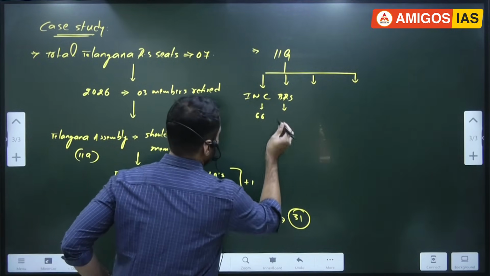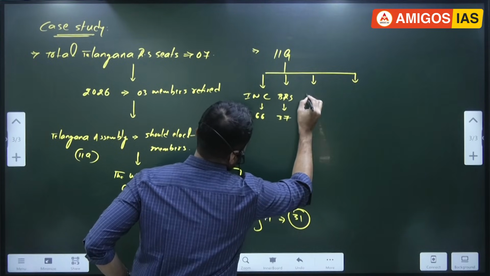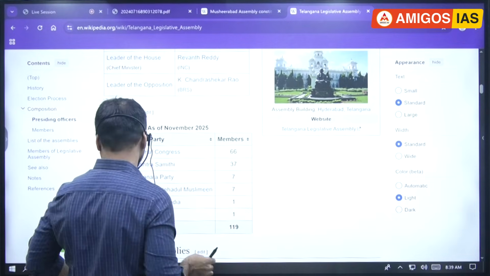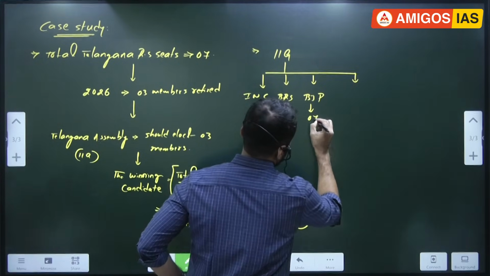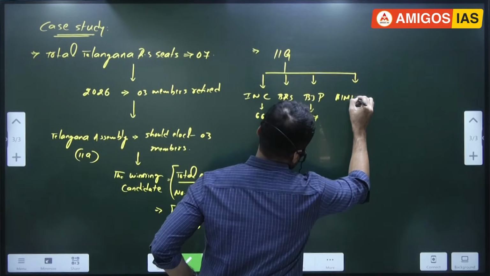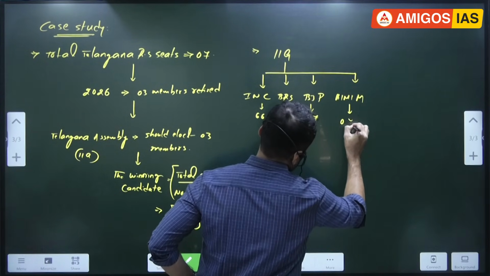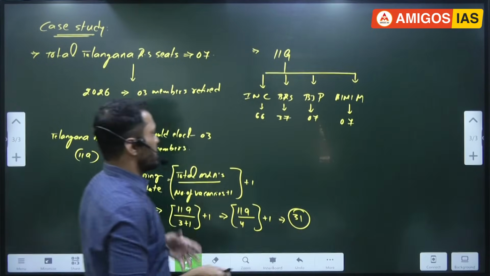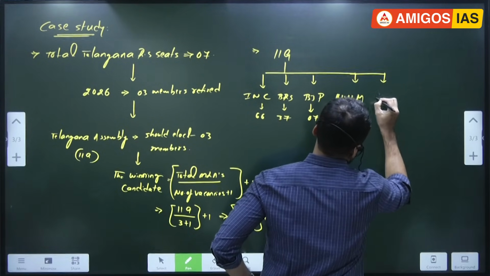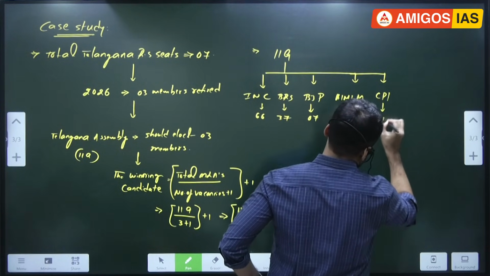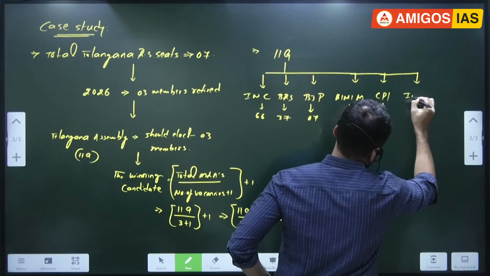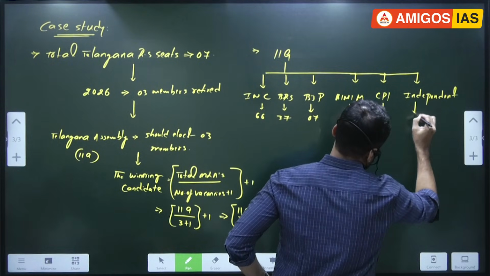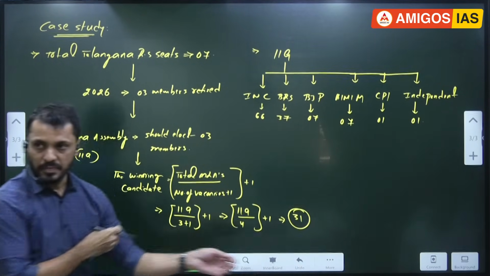And BJP having how much? 7. 7 and AIMIM 7, and CPI and independents. CPI 1 and independent 1. Okay.